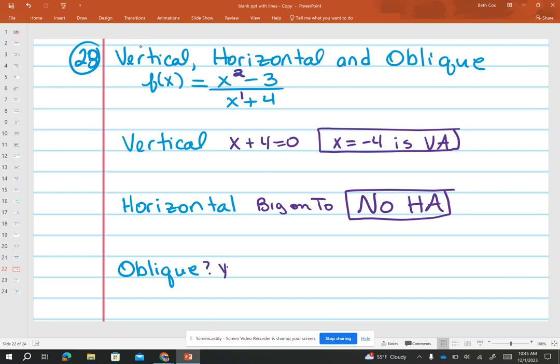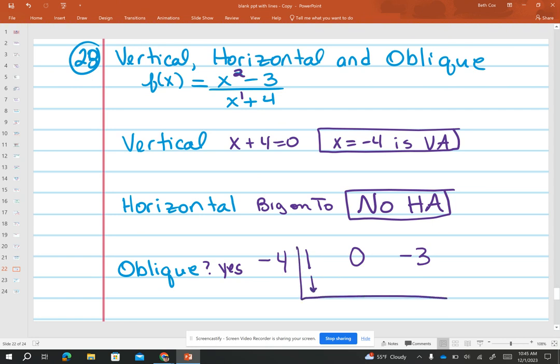Okay, so now that means we might have an oblique. Oblique, yes. It's big on top by 1. So we're going to do our synthetic division. We're going to use 1, 0, negative 3, and we're going to divide by negative 4.